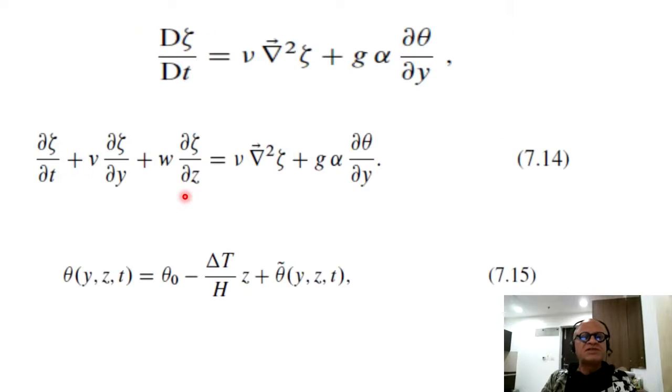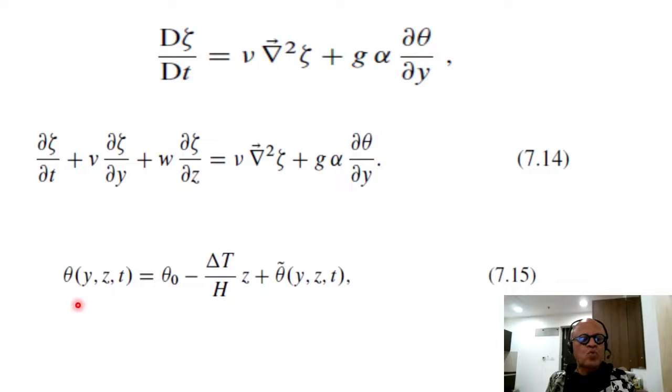So that gives us the equation for vorticity: the total derivative of relative vorticity is the viscous term plus g times alpha times del theta del y, the gradient of the temperature in the meridional direction, which can be assumed in this form.